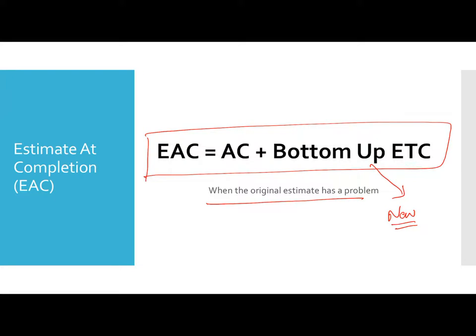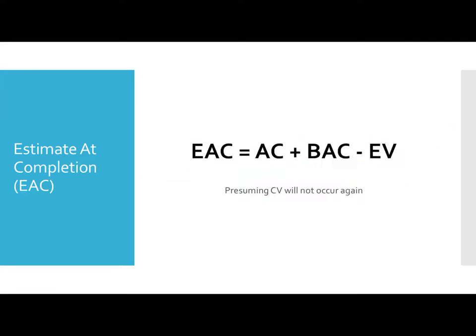When the question says the original estimate has a problem, you want to re-estimate, use this formula of actual cost plus bottom-up estimate. Another value is estimate at completion is actual cost that you have given plus this is nothing but fund remaining. Sorry, work remaining. I'm extremely sorry. That's called work remaining.